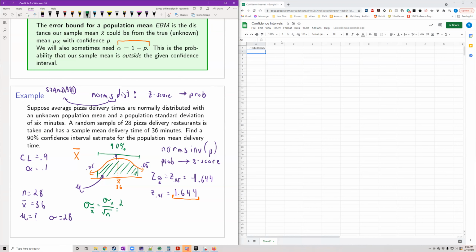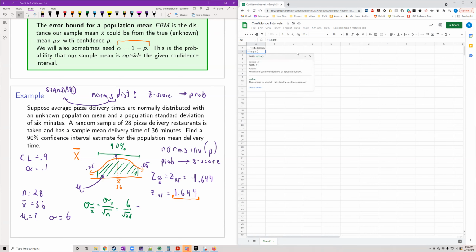So that will end up being 28 in the denominator. And the standard deviation we had was 6. That was why I got it wrong, because I wrote down the wrong number. 6 is our standard deviation. So 6 divided by root 28, we might plug that into our Excel calculator. Comes out to be 1.13.